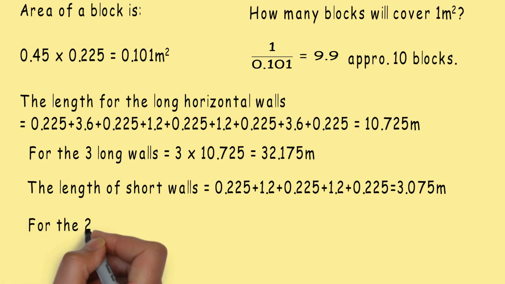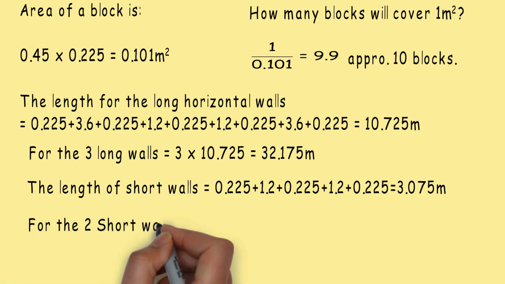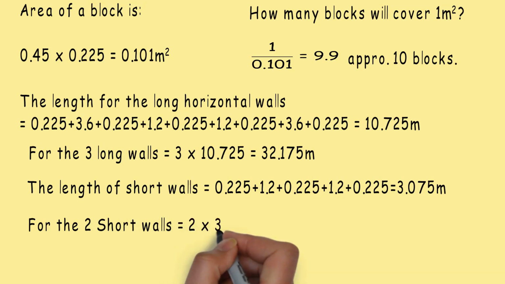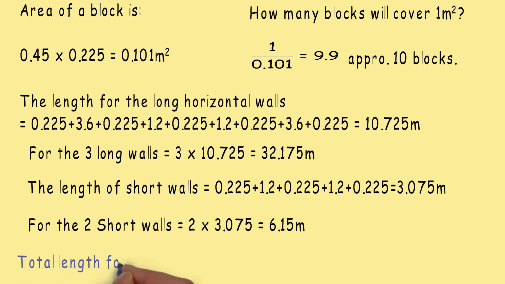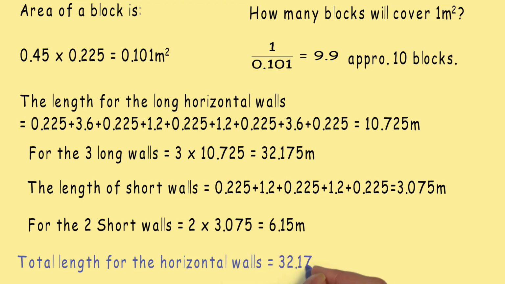For the 2 short walls, 2 multiplied by 3.075 will give us 6.15 meters. The total length of the horizontal walls equals 32.175 plus 6.15 equals 38.325 meters.